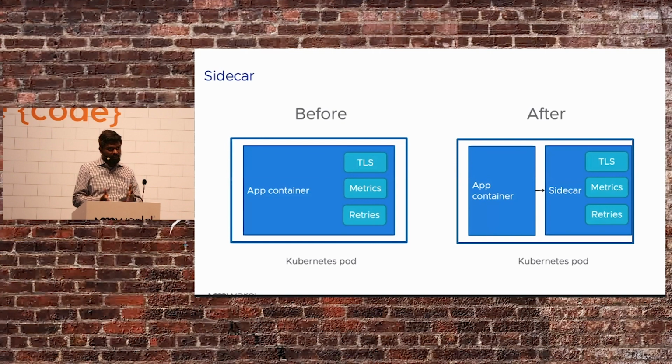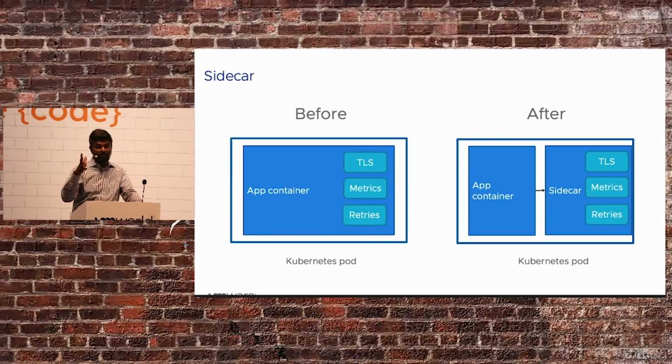So if you're familiar with Kubernetes, your pod is the smallest abstraction that you can go with, right? So before, what we would do is package all of the stuff we talked about, from a mutual TLS connection mechanism, metrics, retries, we would define all of that as part of the container itself. Now, instead of doing that, one of the methods that is becoming very, very popular is the ability to use something called a sidecar.